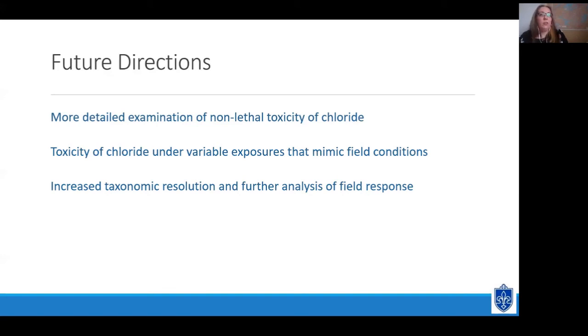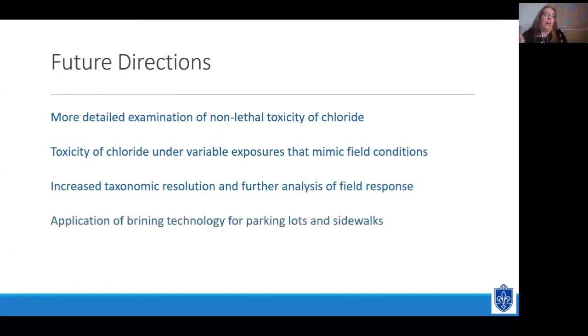In my study of the field response of invertebrate assemblages, taxonomic resolution was limited to order or family for most taxa. I would like to increase the resolution of the invertebrate IDs and run further analysis of the responses to environmental variables. And with regard to the BMP side of the work, municipal governments are among the early adopters of brining technology.